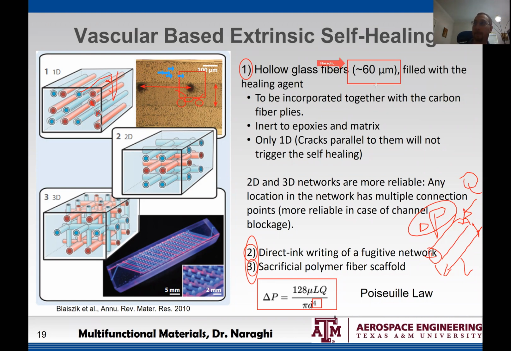And that's a dangerous proposition by itself, because solids at high pressure is not necessarily a good thing. You may damage your composite more before you heal it. Or you may say, okay, I'm going to reduce Q as well. But if you reduce Q, again, you're reducing your healing capacity.